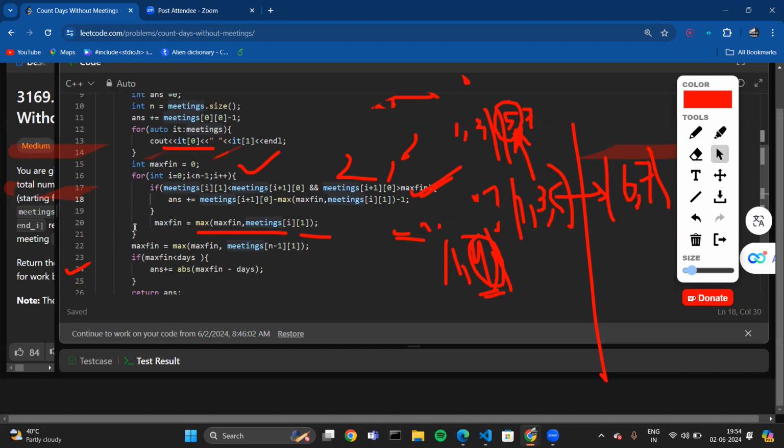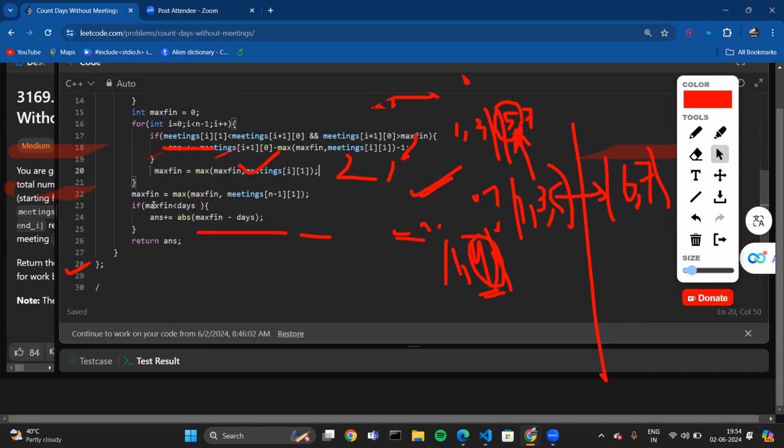Now again, it is very, very simple. We will update the max after every query. If the max is less than the days, then I will add it in my answer. Clear? This is for the n minus 1th code.